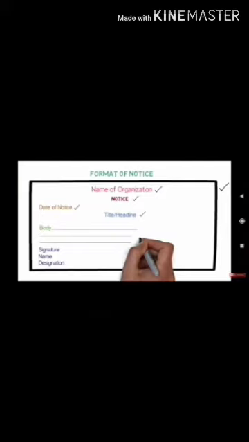So while writing a notice, there is a format of writing. You can see in this slide that a format of notice has been drafted, and here you can see some of the points above.